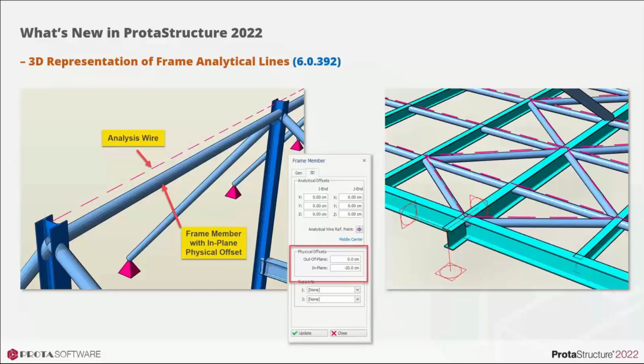These eccentricities are usually applied for constructing a connection, for example, but you don't want to change the analysis model. So now ProtaStructure will show you the analysis wire with a dashed line if a physical offset is present in the frame member.